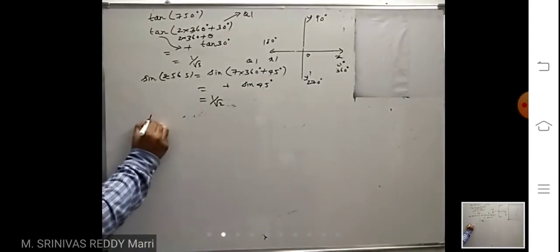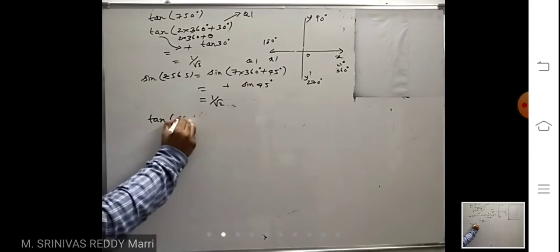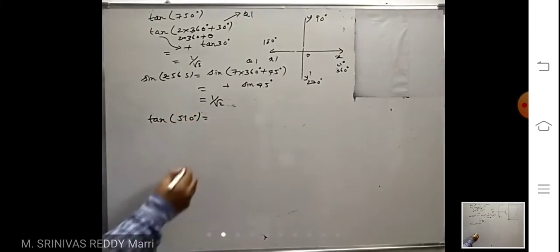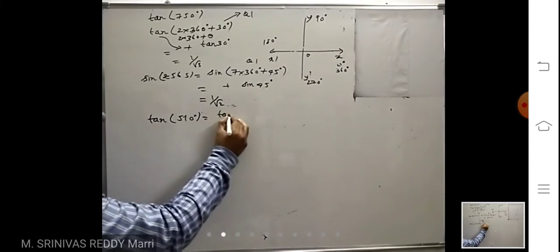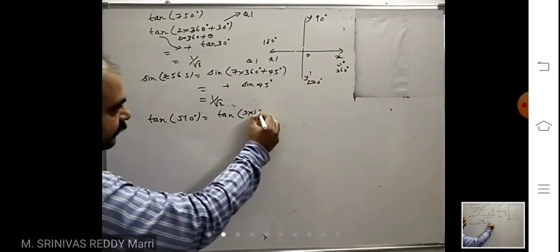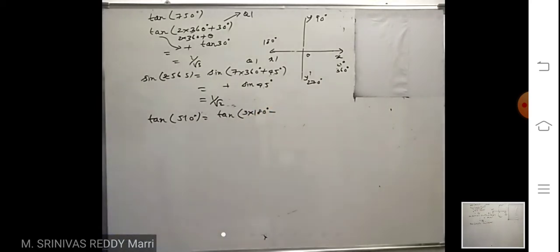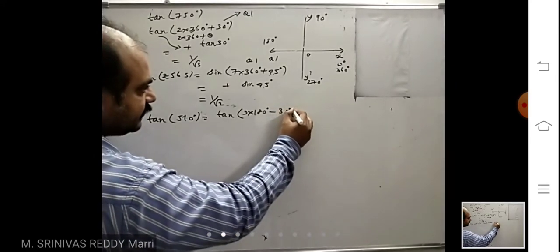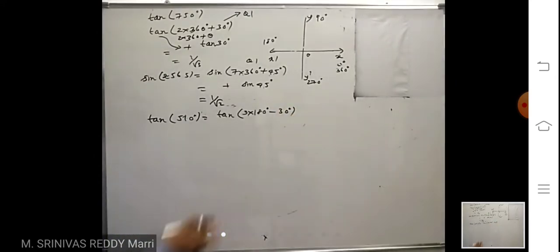Suppose tan 510 degree. I can write this as 3 into 180 degree, which is 540. The tabular angle 30 must also come, you know. That's why I am writing this as 3 into 180 degree minus theta.